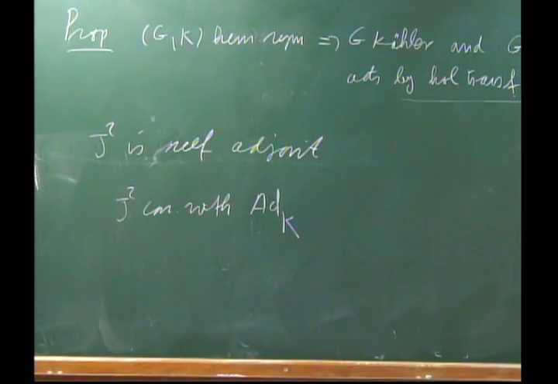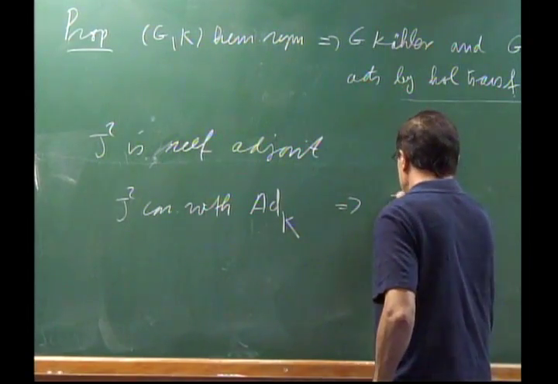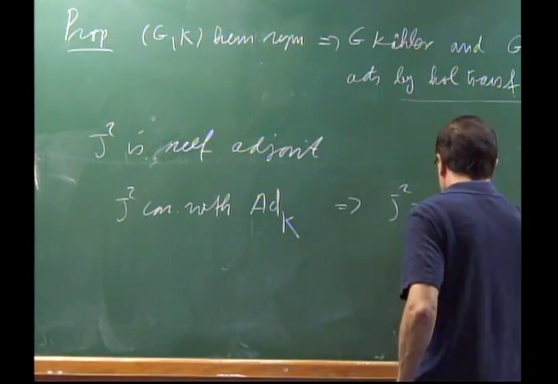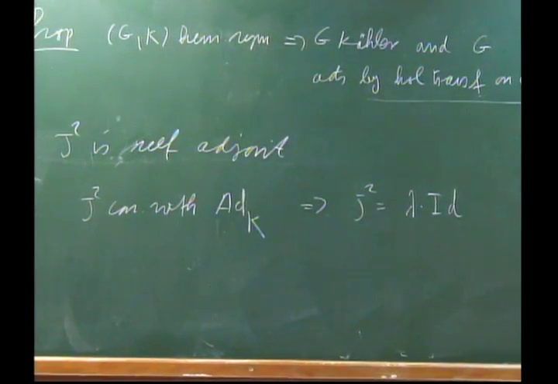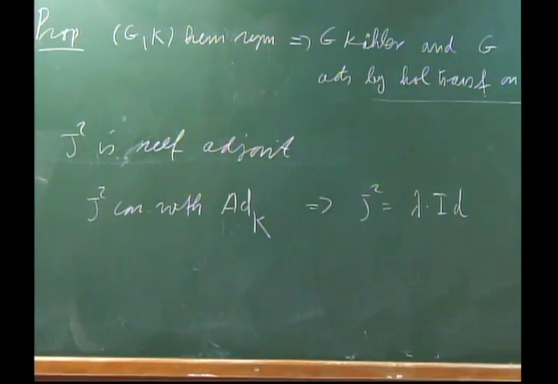It is a multiple of the identity. Lambda times identity. But it's not clear yet whether it's plus or minus 1 or whatever. It's just some real number. I don't know yet that J is an isometry either, so I can't use that either.